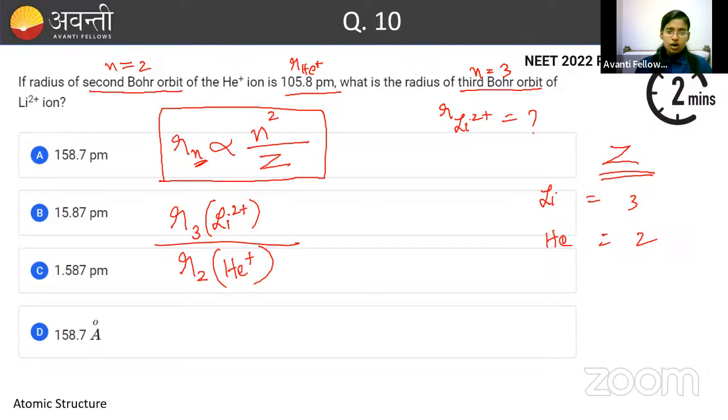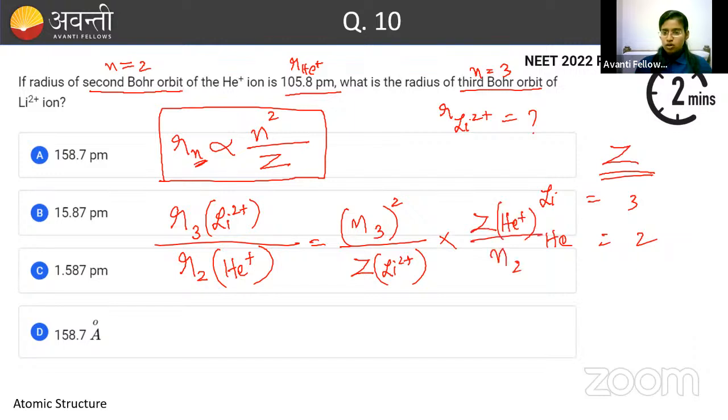How do we write the relation? R3 of lithium 2 plus is n3 square divided by Z of lithium 2 plus, into Z of helium plus divided by n2 square.